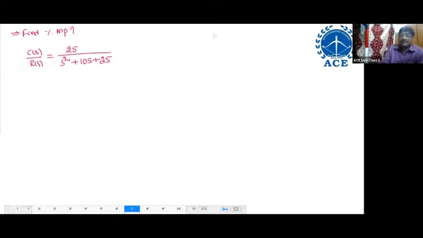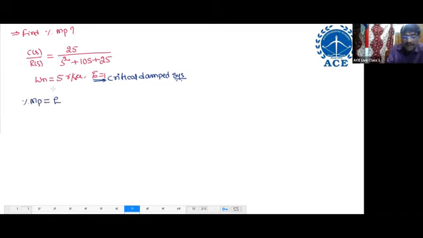So the peak coefficient is 1. Here omega n is 5 and zeta equals 1, which means a critically damped system. Now what is the percentage of peak coefficient?